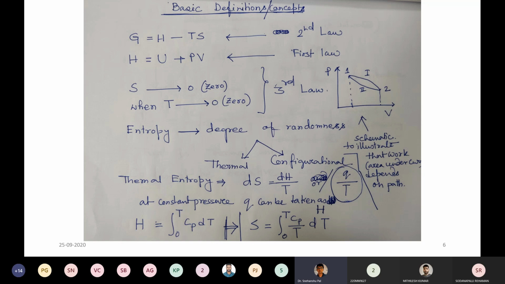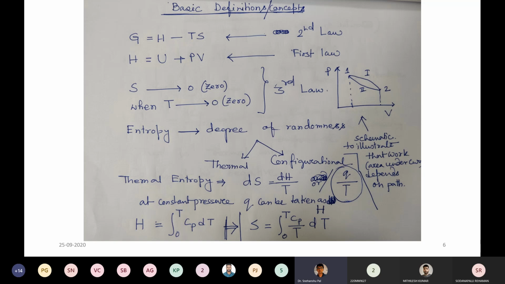If you see this schematic diagram, the area under the curve will be different if you go from state 1 to state 2 through path 2 or path 1. If you go by path 1, you have to do more work, and if you go by path 2, you do less work. So you will understand that work is a path function. It's not a state function, and you can see that in the schematic representation.